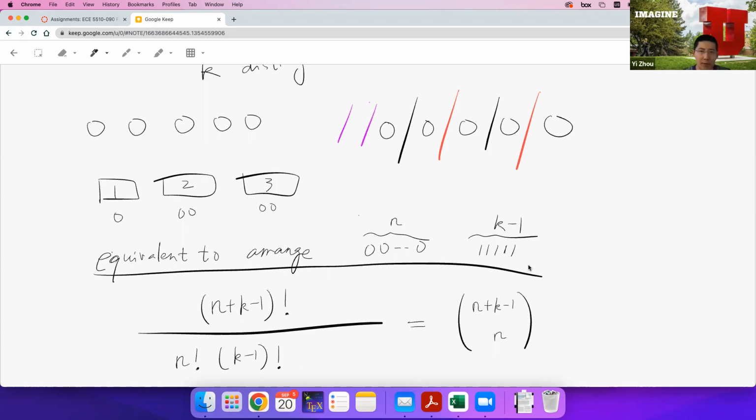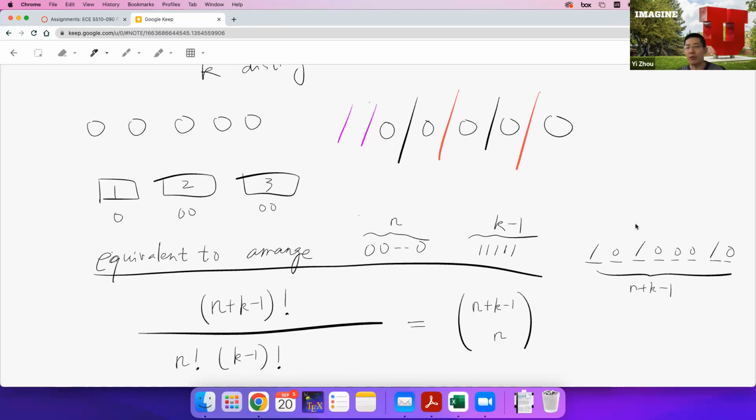So this n plus k minus 1 denotes that in total we have this many positions. And I'm going to choose n positions to place these indistinguishable apples in them. For the rest of the positions, I'm going to place the separators.